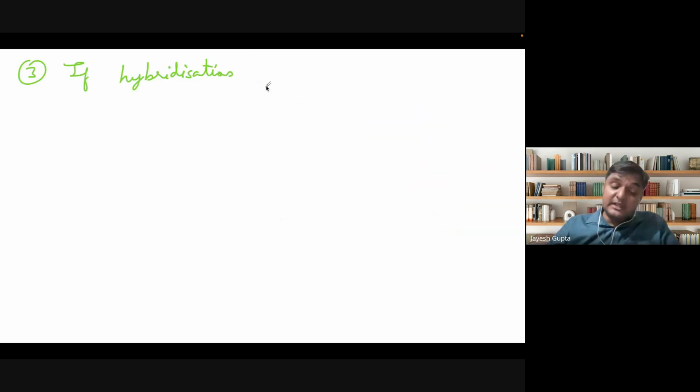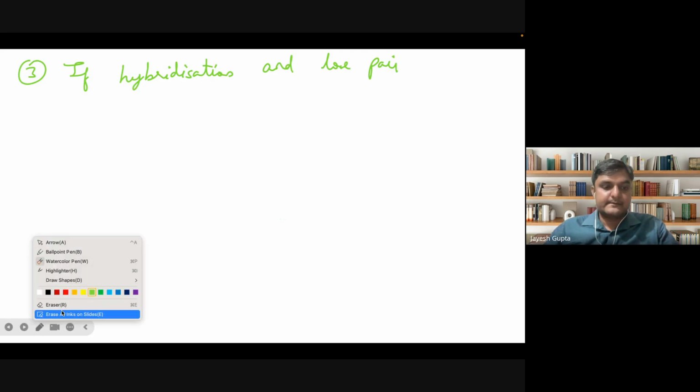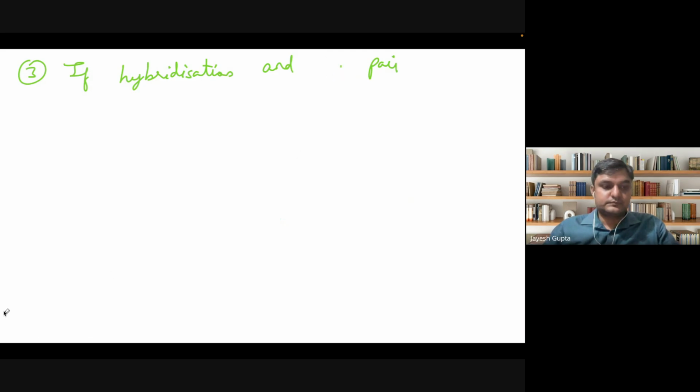Now, if hybridization is also the same and lone pairs are also the same, so if hybridization and lone pair both are same, in that case you have to look at two ways.